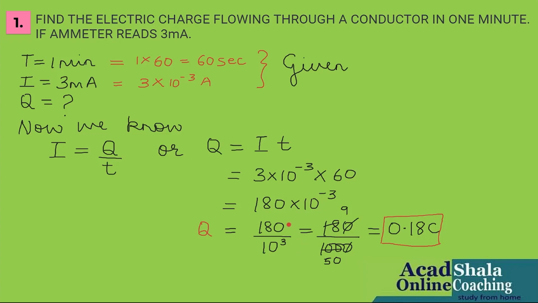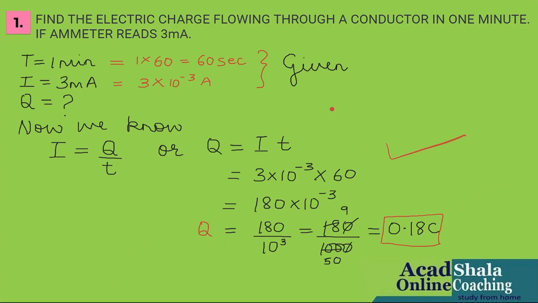And when I take it down, this minus becomes plus and then 10 to the power 3. After this, I know 10 to the power 3 is nothing but 1000. So what I've done, 180 upon 1000, solve children, and then I get the value as 0.18 coulomb. Finished.